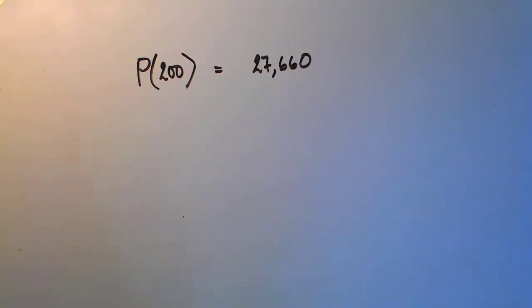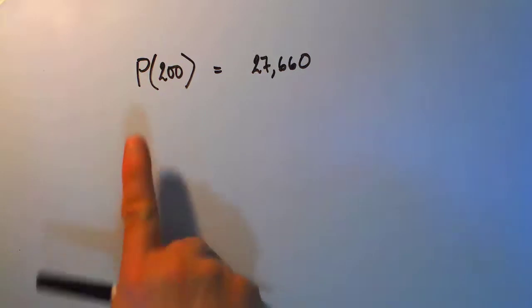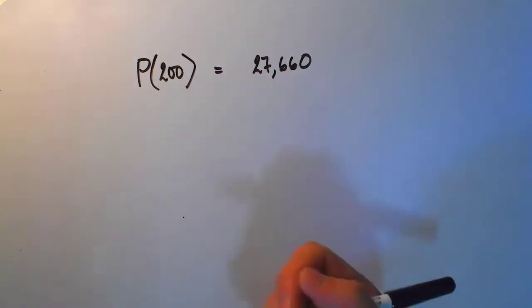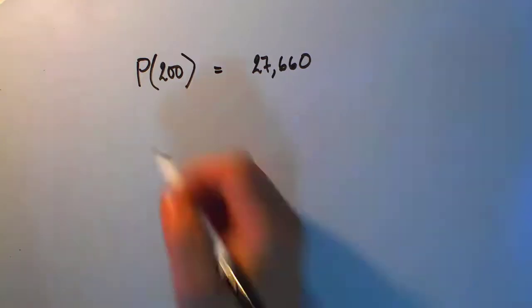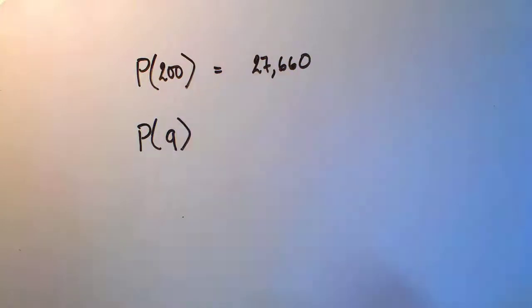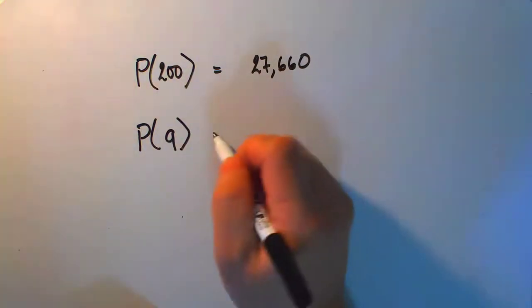Now, there could be a time, I'm not saying that we want that to happen, but there could be a time when you make a mistake and your profit turns out, whatever quantity you're selling, to be zero. It could happen.